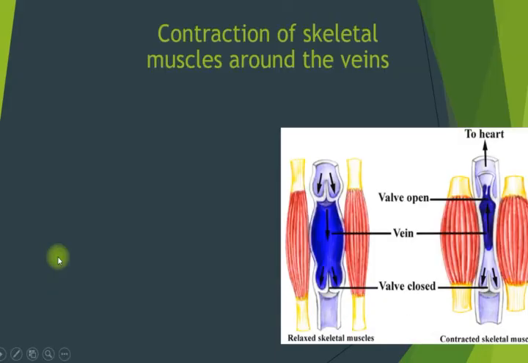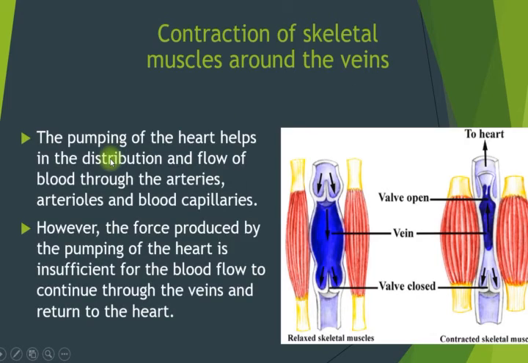Now we go to the second factor that circulates the blood throughout the body, which is contraction of skeletal muscle around the veins. The pumping of the heart helps in the distribution and flow of blood through the arteries, arterioles, and also the blood capillaries.